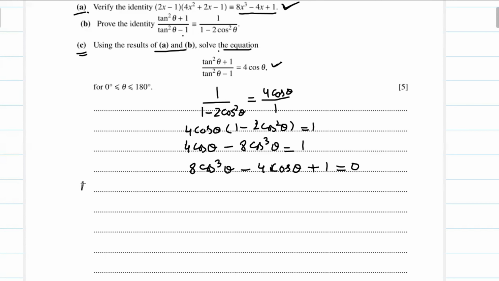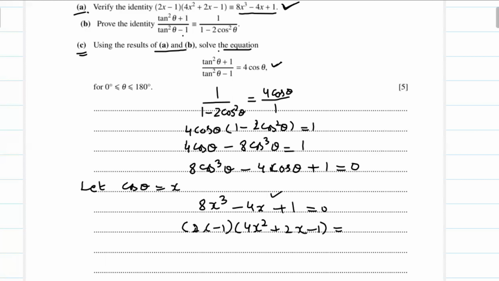Let cos theta equal to x, we can write this equation 8x cubed minus 4x plus 1. We can factorize this expression using the identity of part A. You see here, 8x cubed minus 4x plus 1 can be written as (2x minus 1) into (4x squared plus 2x minus 1) equal to 0.